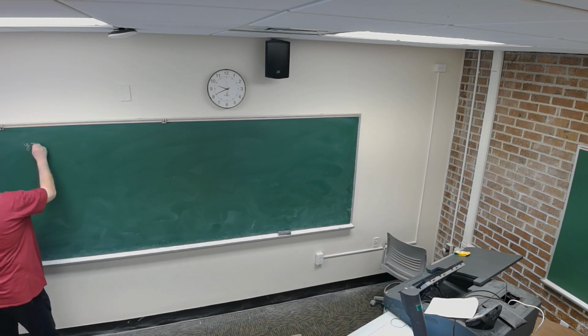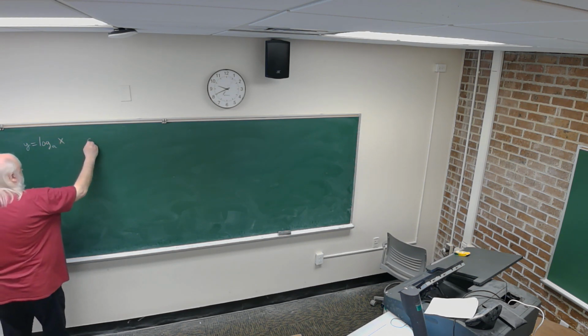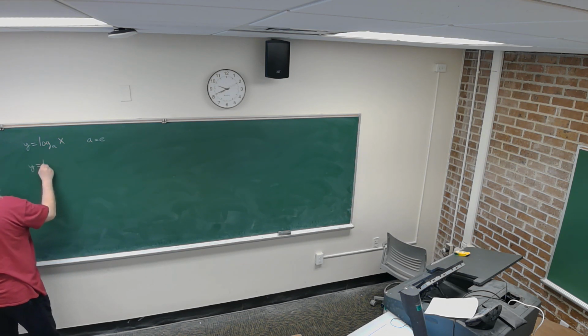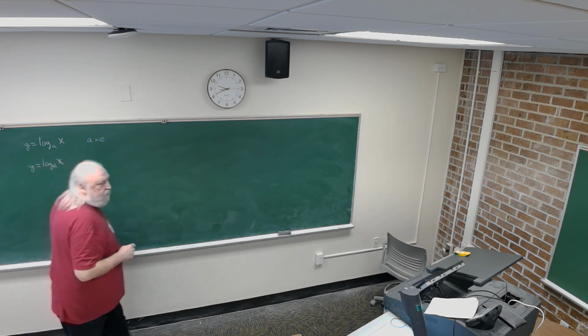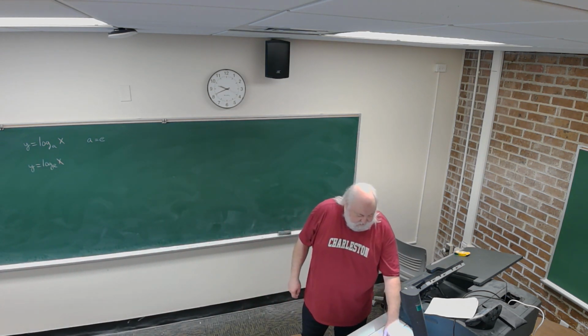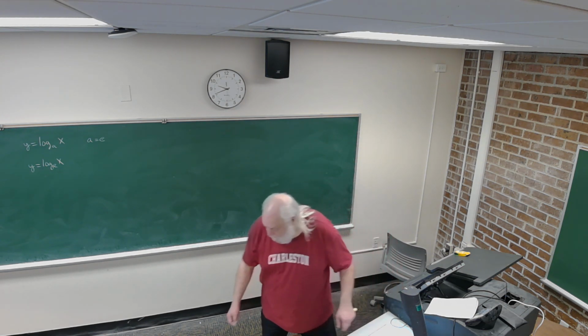So if we have y is equal to log base a of x, and we replace a with the number e, then we have y is equal to log base e of x. Now, because the number e is such a special number, the natural logarithmic function gets its own special notation.